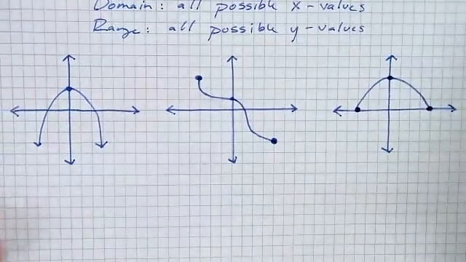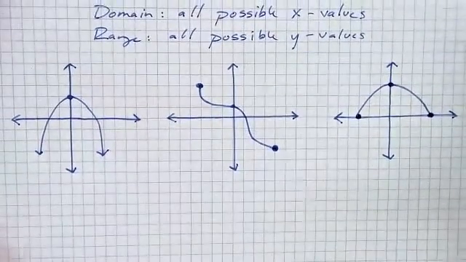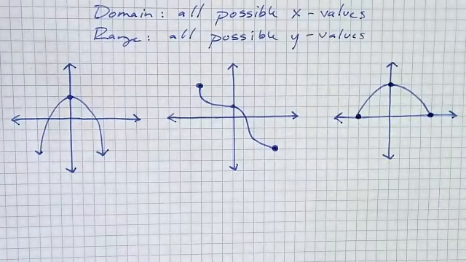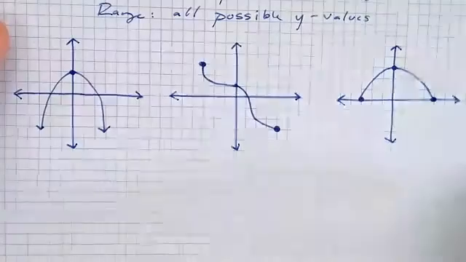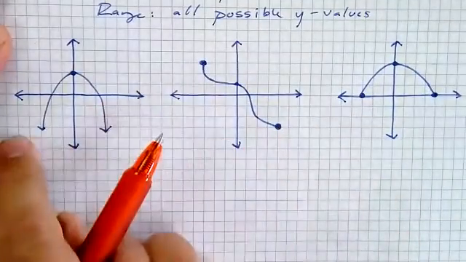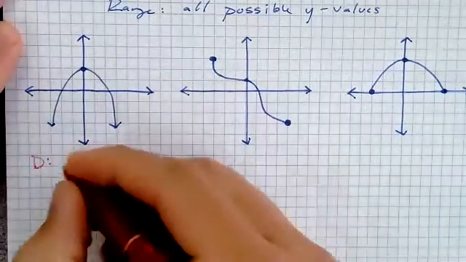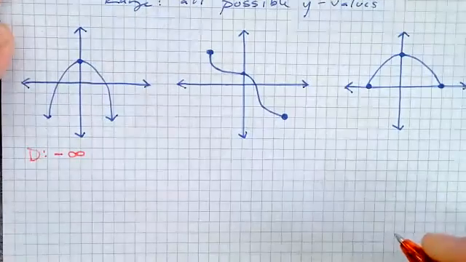All right, try those 3 out. Okay, first one, domain, furthest value to the left. It continues going to the left with this arrow. So we would say -infinity.